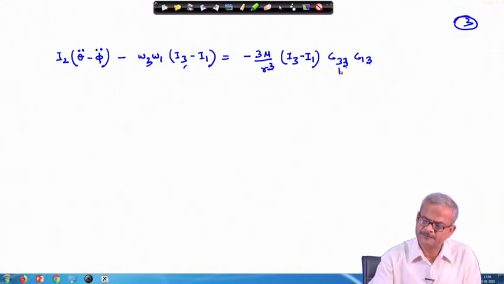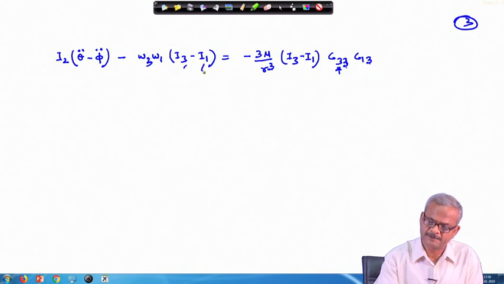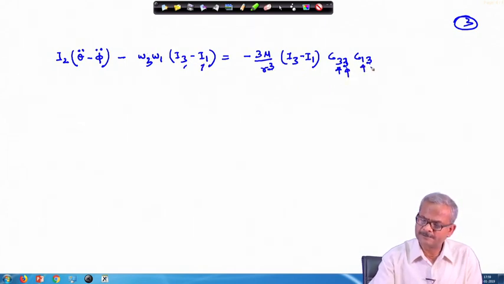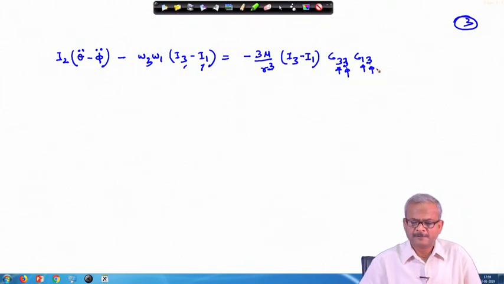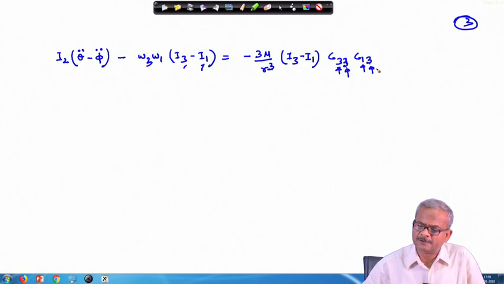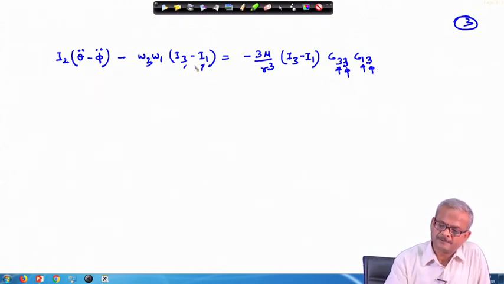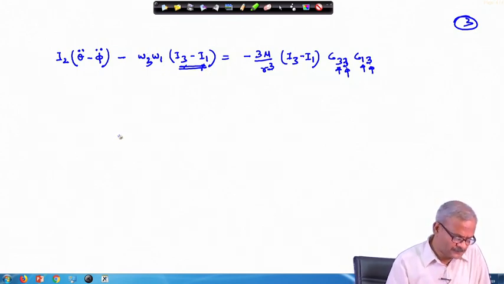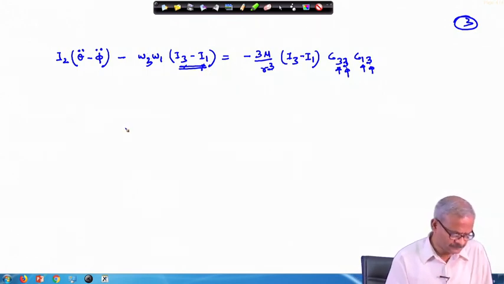This 3 appears here, this 1 appears here, and this 3 3 appears here, for the case where we are considering the orbital third axis toward the center of the earth. These things we have already discussed in detail, so there is no need of going further into this.